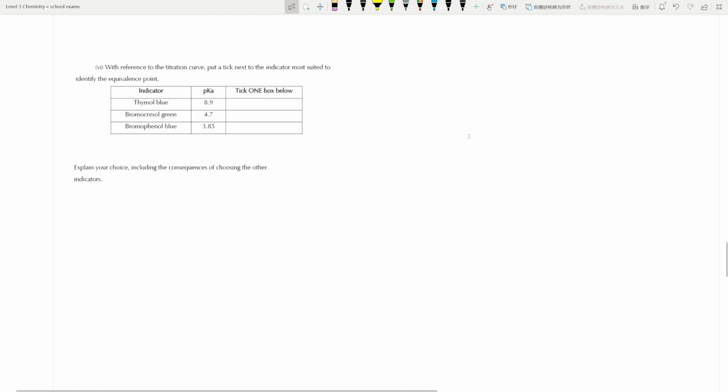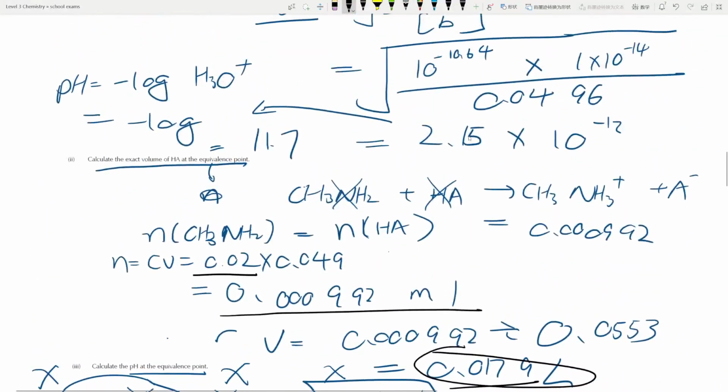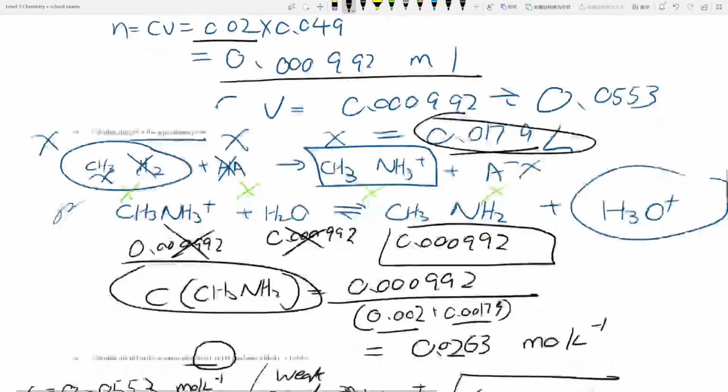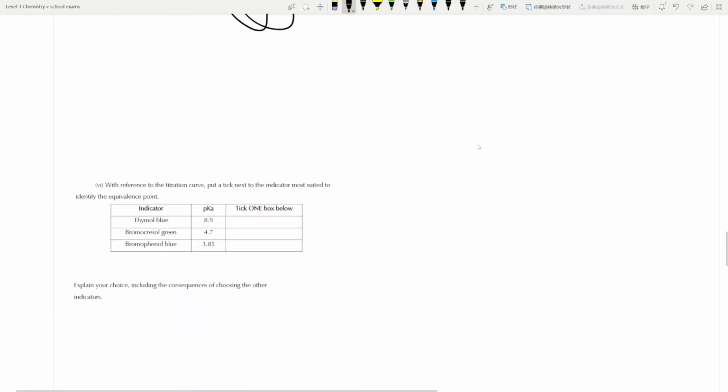Now this one's actually quite interesting. With reference, the equivalence point is about 18 mils. Sorry, I just need to find the pH at the equivalence point. The pH at equivalence point is 6.11.